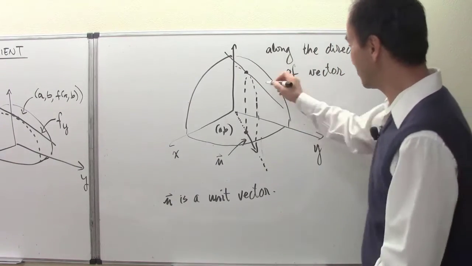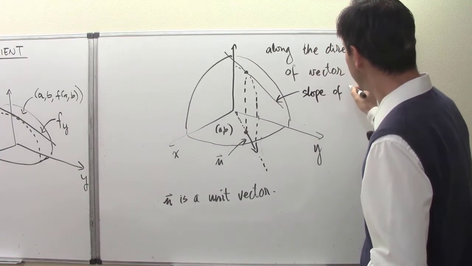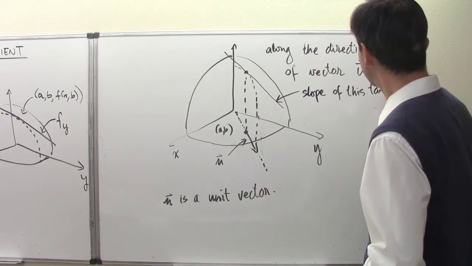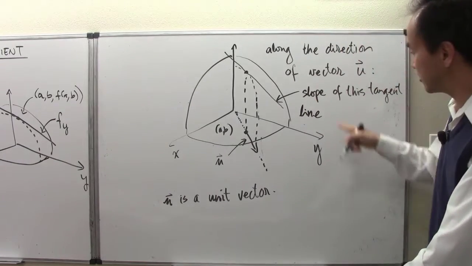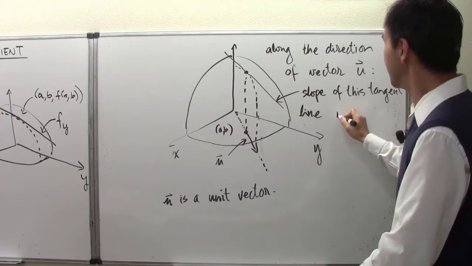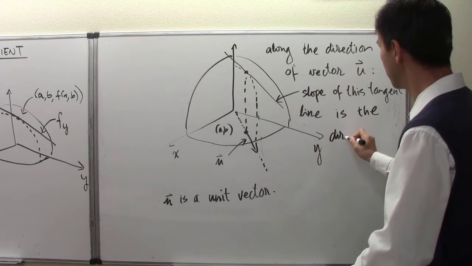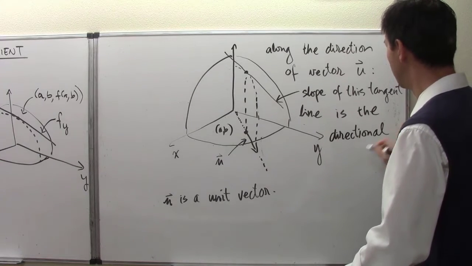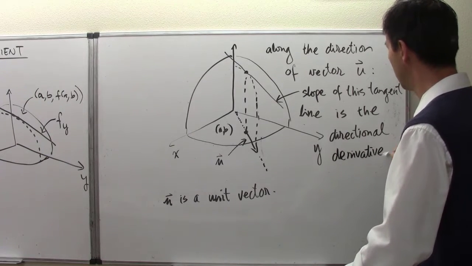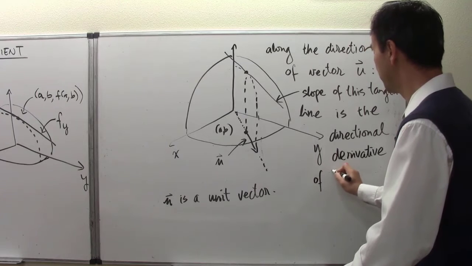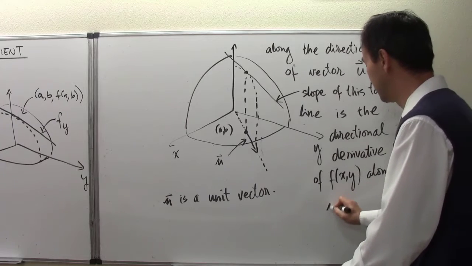All right, and so now with this tangent line right here, I'm going to make the following note. The slope of this tangent line, the slope of that drawn tangent line right there is what we call the directional derivative of the function f of x comma y along the vector u.